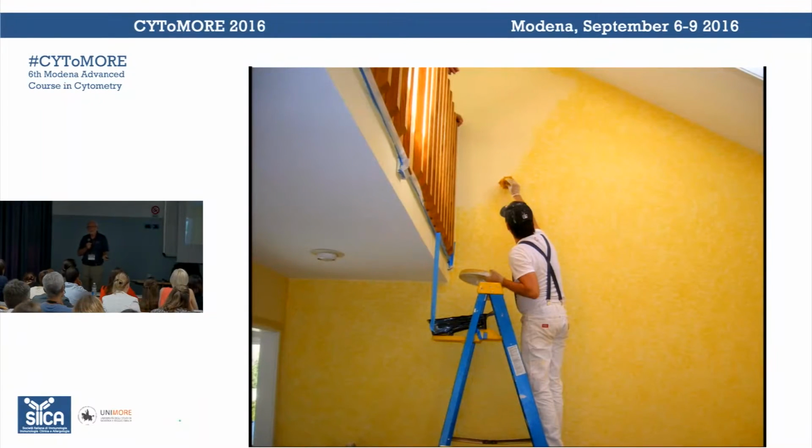Right. Now, has anyone ever painted a house? I have, of course. And have you ever had to match the paint? Yeah, what do you do? Well, my wife made me get a saw and cut out a piece of wall and take it to the store to match the paint.